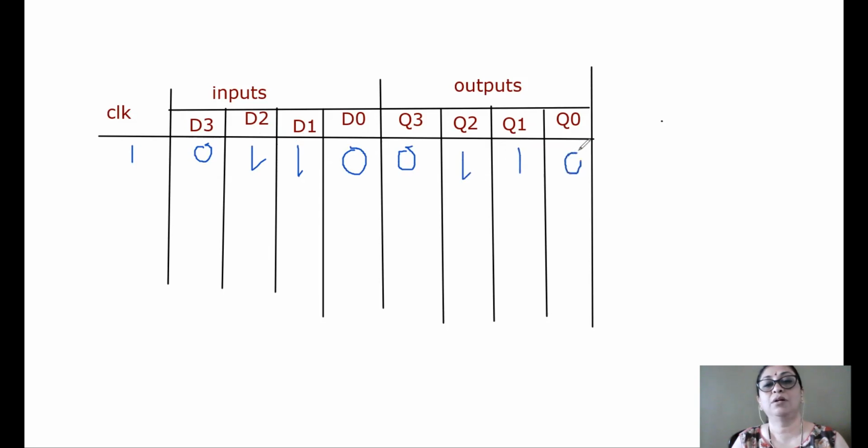So whatever you apply at the input, the same thing you will get at the output. So this is the truth table of the parallel in parallel out type of shift register. Okay, so take a screenshot of this. Okay, so now let me again share a screen with you.